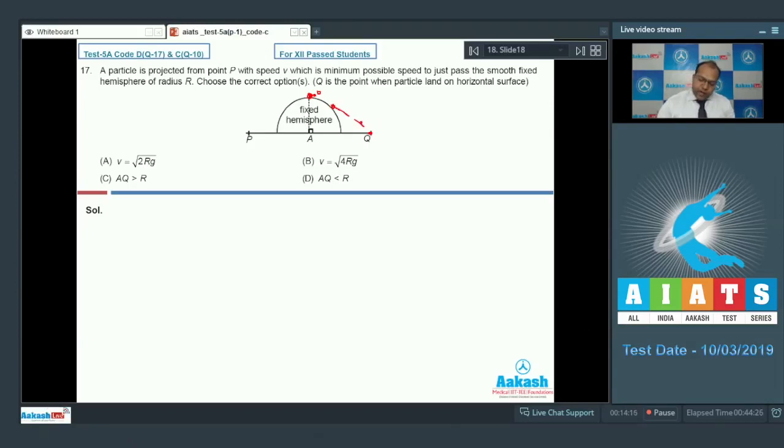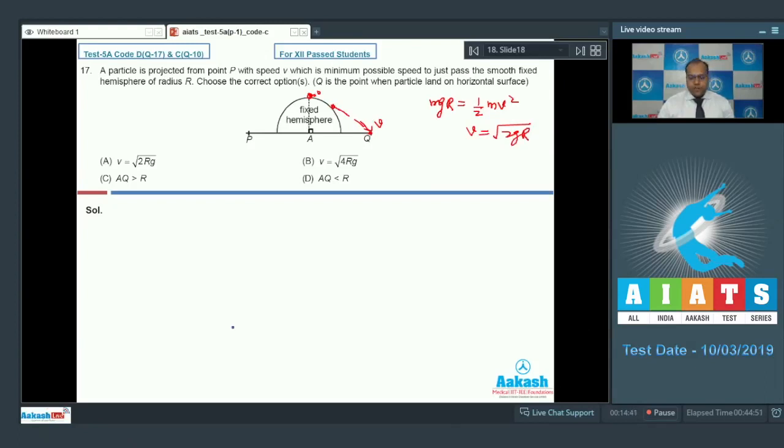So if I calculate the speed with which it strikes the ground, then I can say that mgr is equal to half m v square.